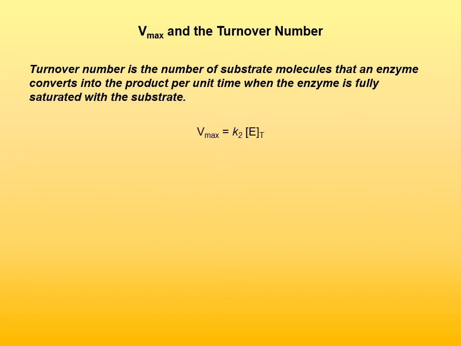And Vmax, the maximal rate of the reaction, basically reveals the turnover number of the enzyme. So the turnover number is equal to K2. And so for that reason, we sometimes call K2 also K cut. So that's the same concept.